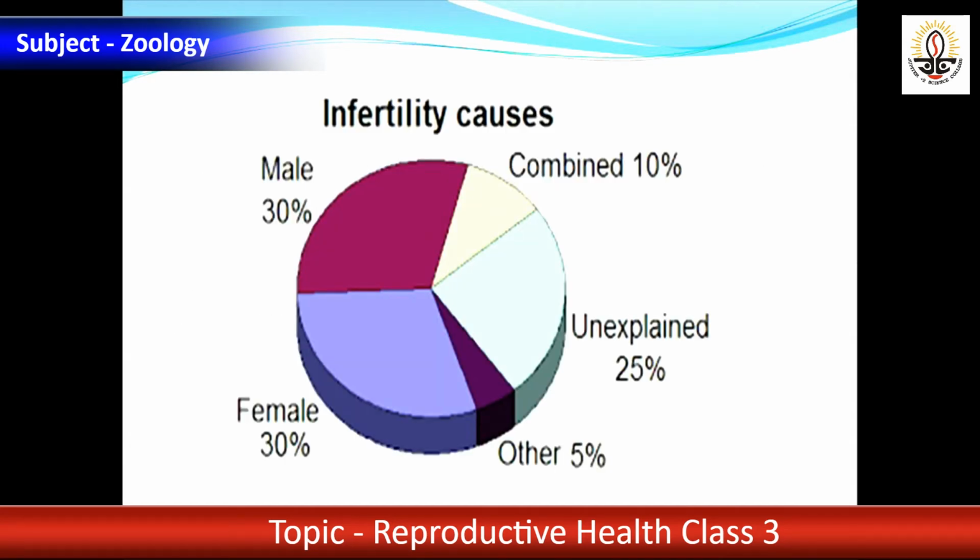Next, the cases of infertility: male 30%, female 30%, others 5%, combined male and female 10%, unexplained 25%. Look at the pie chart showing the percentage of infertility.